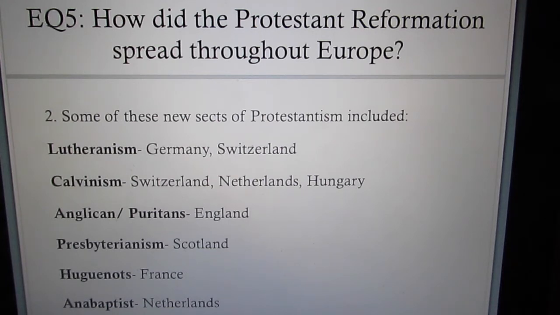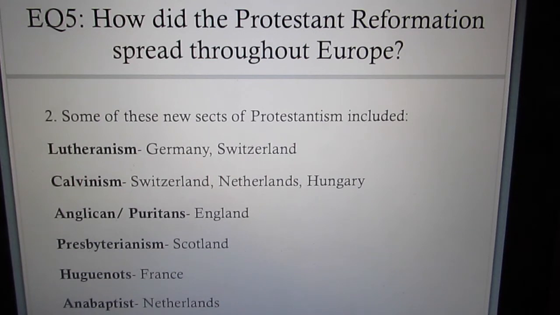The second is Calvinism, and Calvinism is created by John Calvin. He is educated in France, and we see John Calvin preaching this idea of predestination. This means that God has predestined some people to be saved, known as the elect, and some people to be damned.